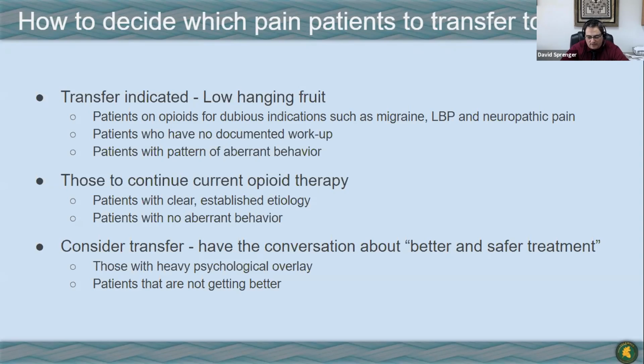Those folks with a clear established etiology of severe pathology, people with bone-on-bone rheumatoid arthritis, people that have had multiple surgeries and have radiculopathy, even though opioids aren't great for radiculopathy, someone with a lot of hardware in them, those folks are going to have more pain.